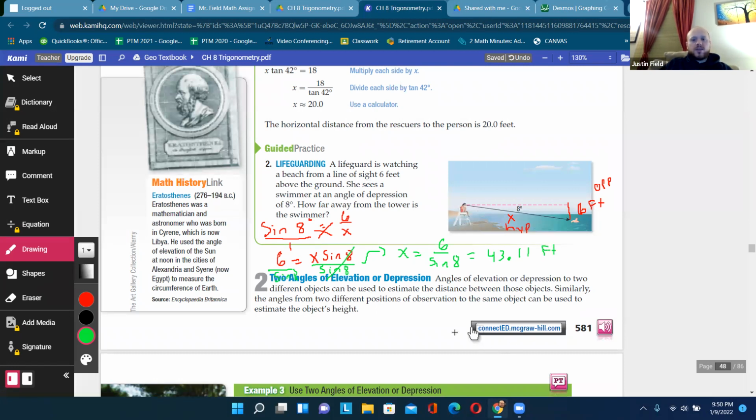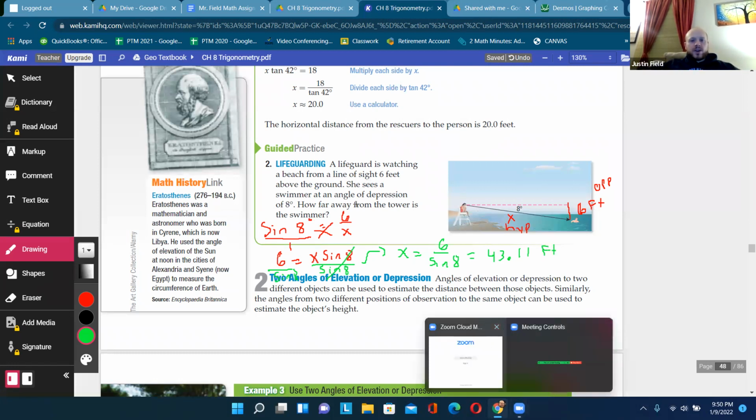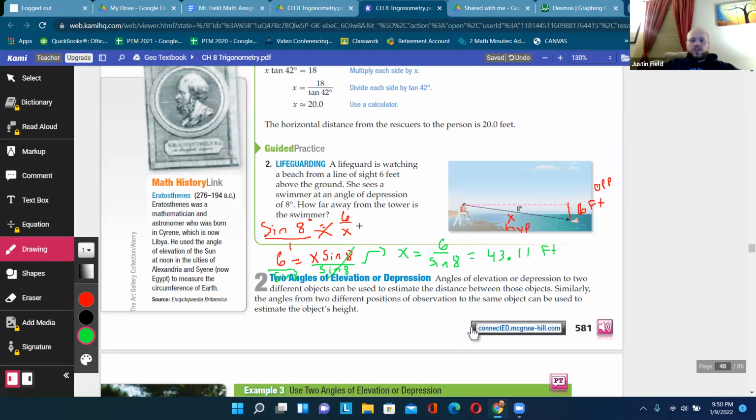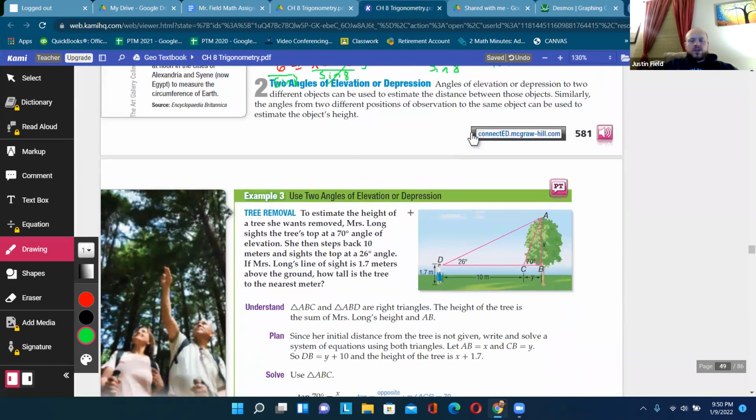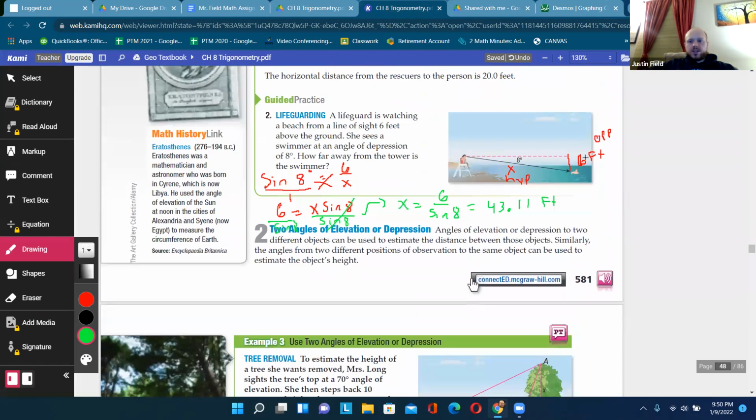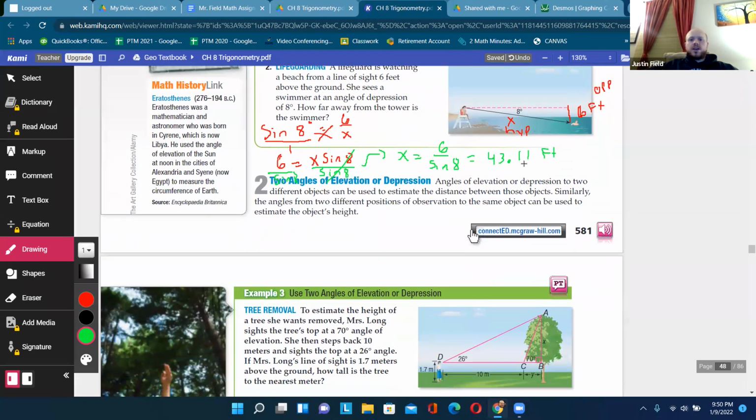So that is how far the lifeguard is. Pretty cool. So we can use trig to measure far distances just by knowing one distance and an angle. And the angle is super easy to calculate. And if you know one distance, then you can get some distances that you could never measure with a measuring tape or anything like that.